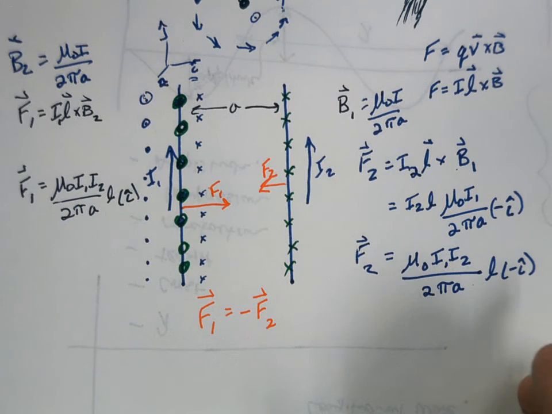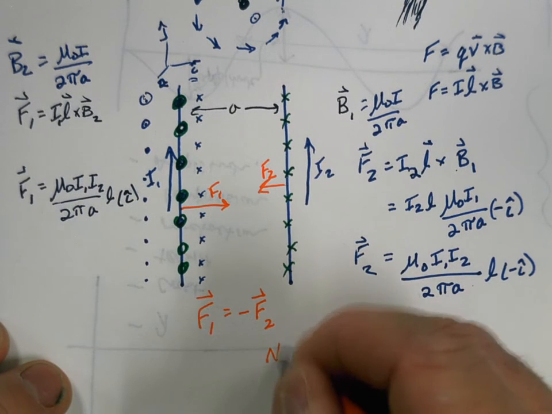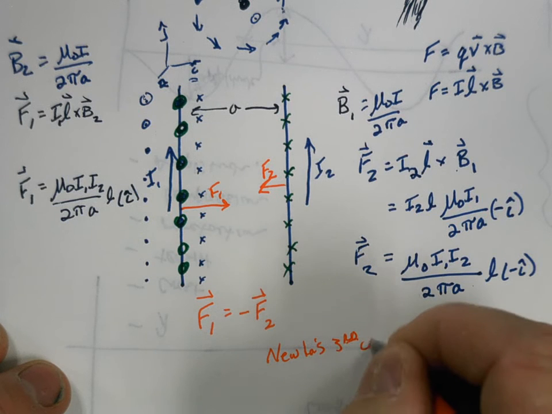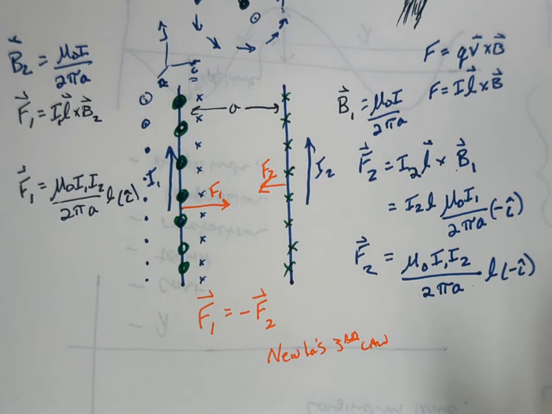What do they obey? Newton's third law. Okay, so this is good. This means that our physics is consistent, that we're still obeying the right rules here.